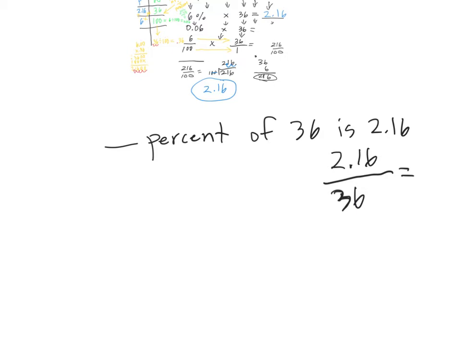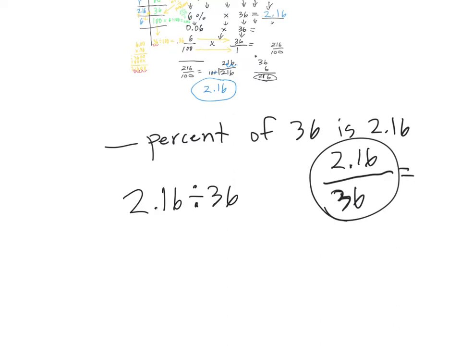But what does that mean? That means we have to interpret this as a division problem, which means we have to say that is 2.16 divided by 36, which is equal to, how many times does 36 go into 2.16?